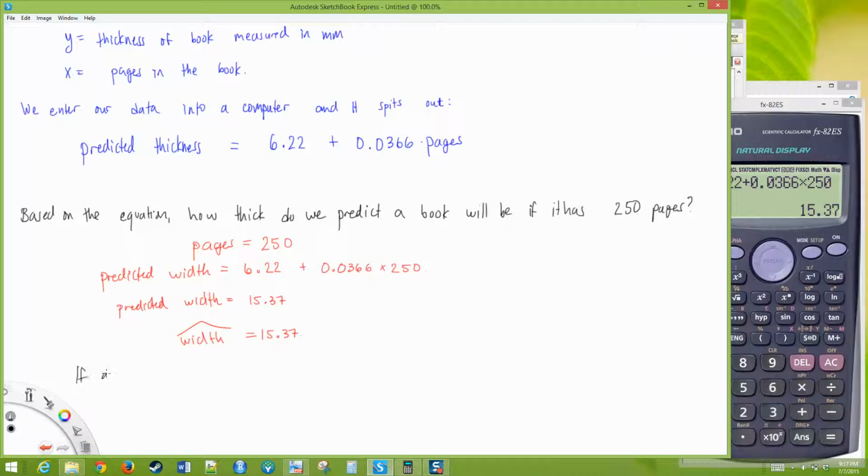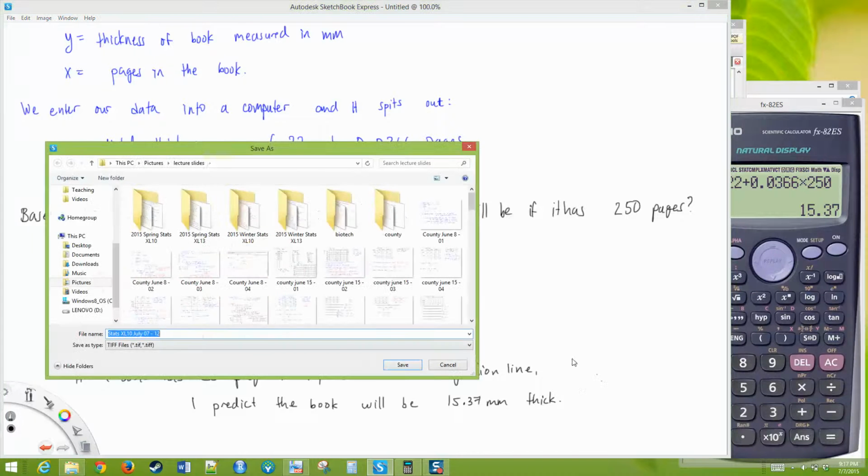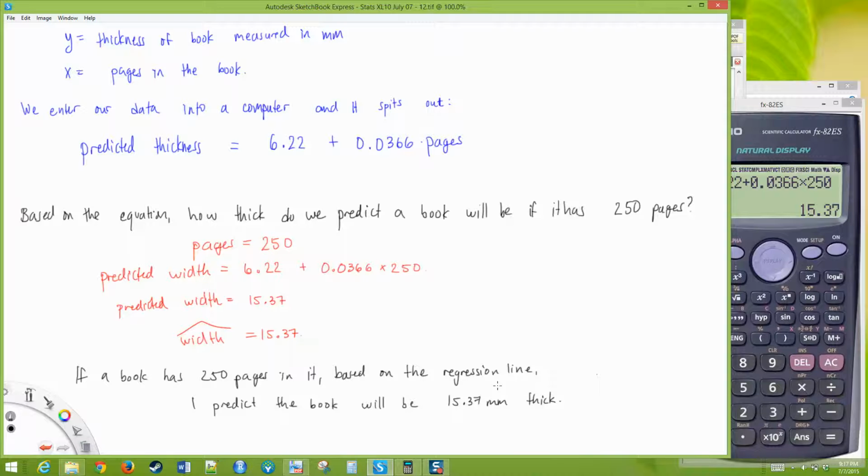If a book has 250 pages in it, based on my equation, or based on the regression line, I predict the book will be 15.37 millimeters thick. Does that make sense? Yes? No?